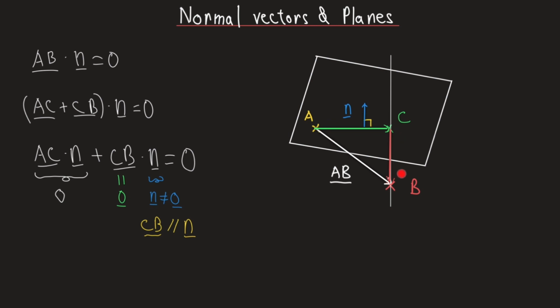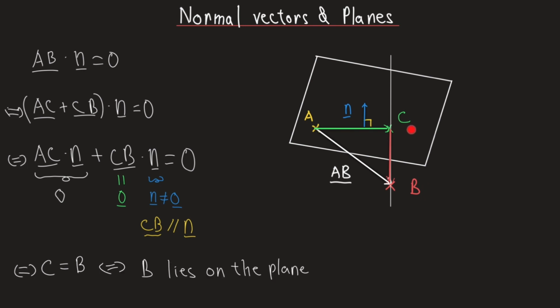Since our vector CB is actually the 0 vector, this means that our point C is actually equal to the point B. They are placed in the same location. But we know that by definition our point C lies on the plane because it's the orthographic projection of point B onto the plane. Therefore, since C is equal to B, B also lies on the plane. And note the equivalence relationship that we have over here.